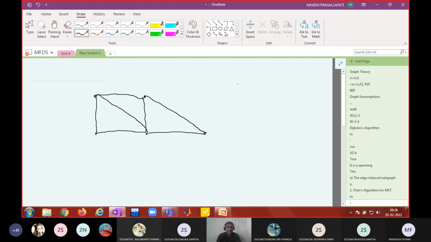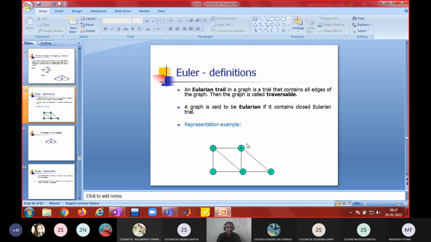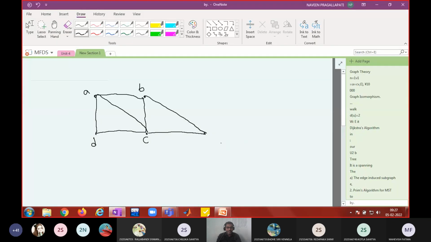Path is different from trial. I am talking about trial. So this is A, B, C, D. If I start with A, can we cover all the edges by visiting exactly one and only one time? Is it possible?